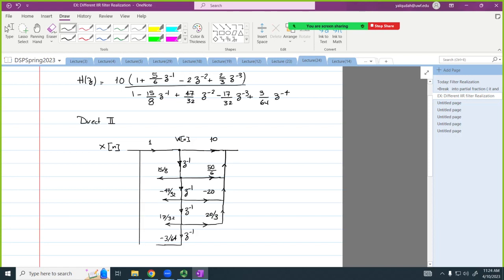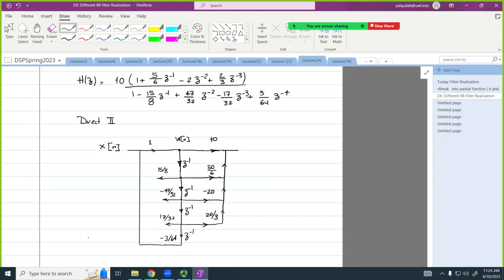Should it be plus 47 over 32? No, this will be the negative of these coefficients. These coefficients are the negative of the denominator coefficients. Here they have the same sign; in the feedback path they will be the negative of them.